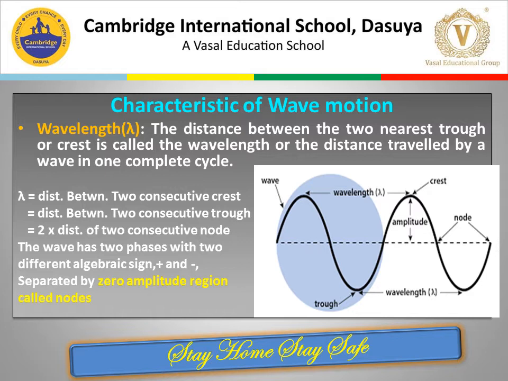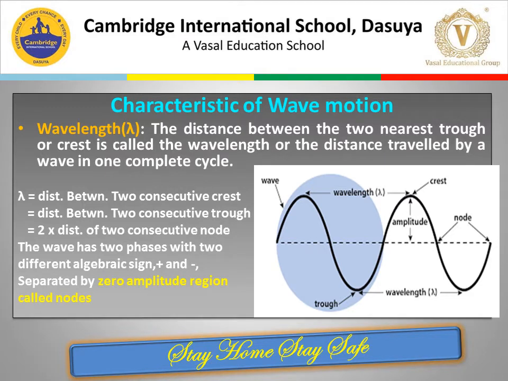So the distance between successive crests or successive troughs is the wavelength.